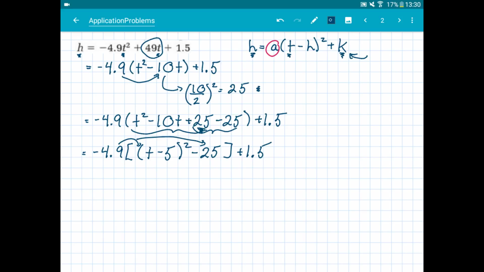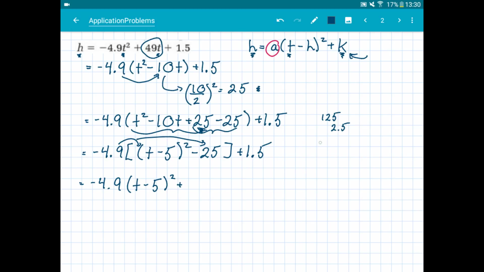Okay, and we get minus 4.9 times (t minus 5) squared, plus. So this is 5 times 25, which is 125, minus 0.1 times 25, which is 2.5.